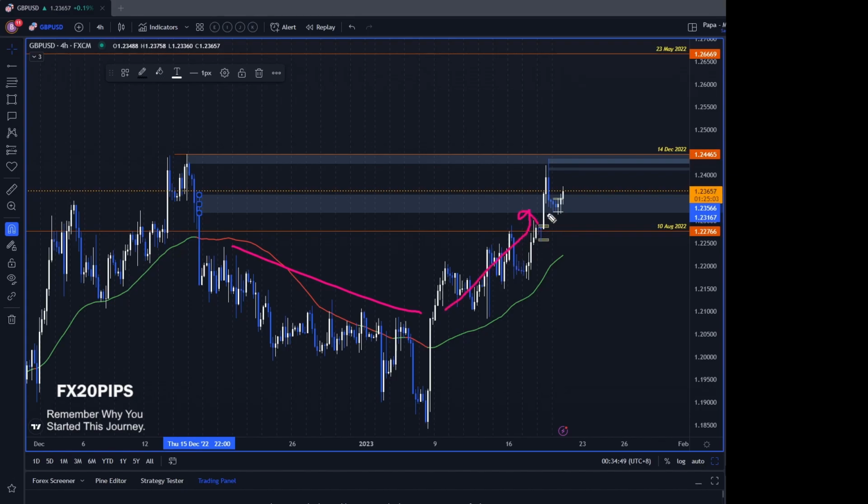I closed it when price was around this area. I can't remember the exact figures. During that time my idea was that this block could have some reaction, but no, the price just kept going up and actually reacted from this major block.